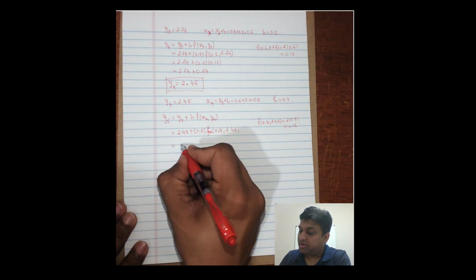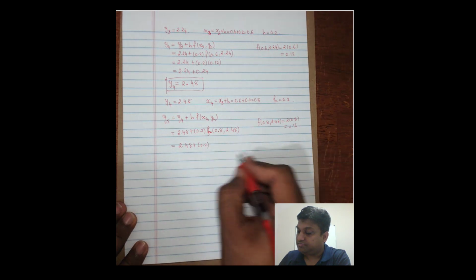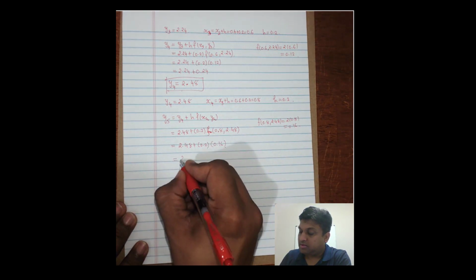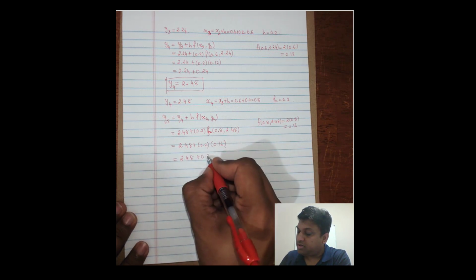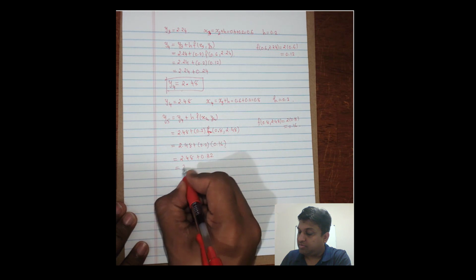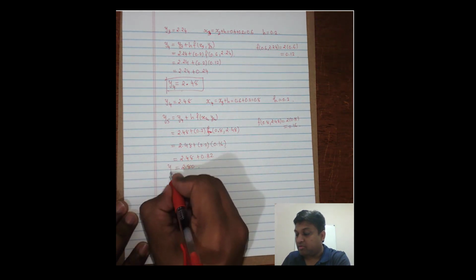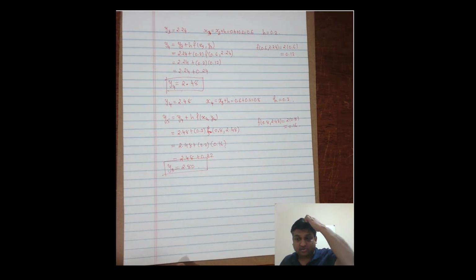So I get 2.48 plus 0.2 times 0.16. This is 2.48 plus 0.32. It's going to be 2.80. So I got 5 approximated solutions, and we have 5 exact solutions.